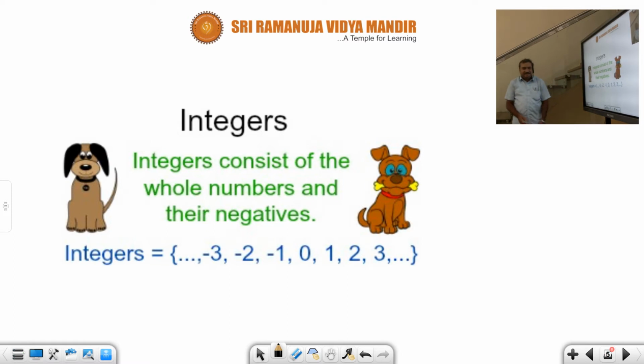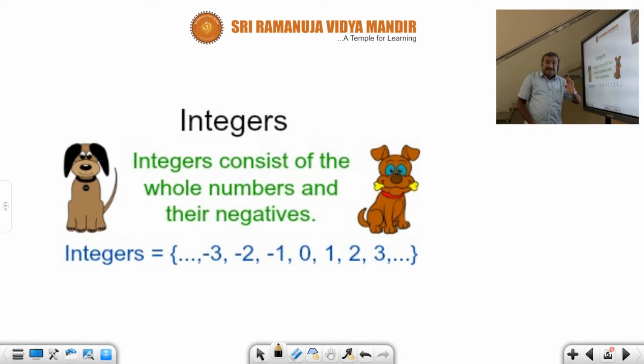As I mentioned earlier in our definition, all counting numbers means 1, 2, 3 and so on; those are called counting numbers. Next, 0. Next, -1, -2, -3 and so on.